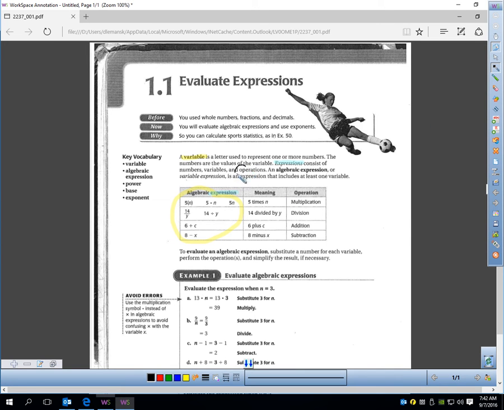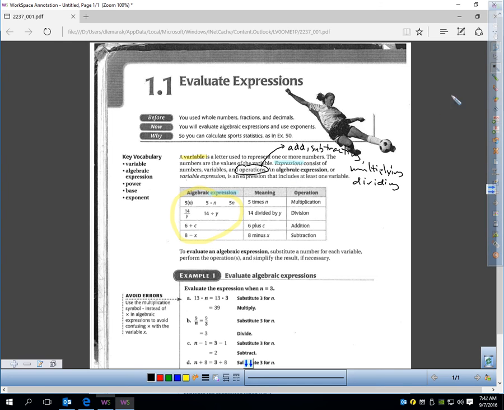Maybe I'll put a little note here. The word operation means we are either adding, subtracting, multiplying, or dividing. Okay? So when you hear the word operation, it's talking about one of those things.